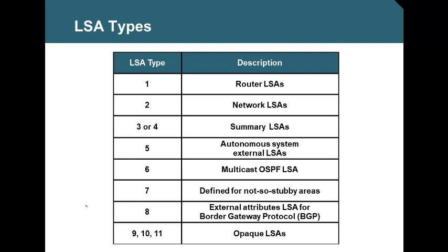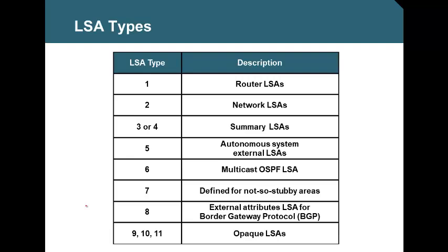Now, type 4 LSA also originates from the same ABR. So the name is almost the same. Actually, it is autonomous system summary LSA, which they have not mentioned here. Type 3 is simply a summary LSA.